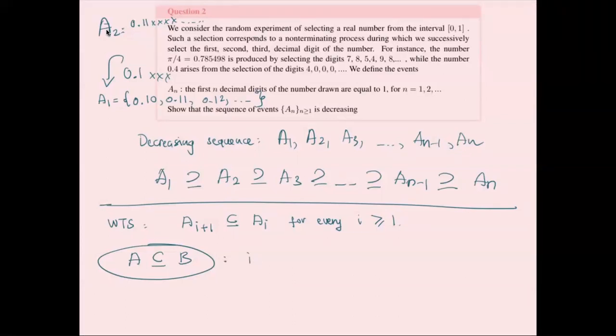Another way you can do it is to show that if some element is in A, then that element is also in B, which means you should just pick any element in the set Ai plus 1 and show that the arbitrary element will also be in the set Ai. Then it will prove that Ai plus 1 is a subset of Ai.